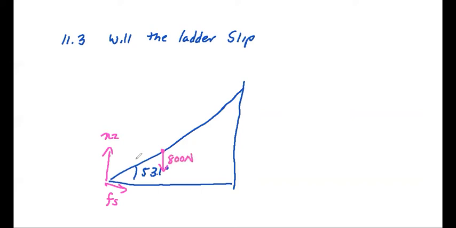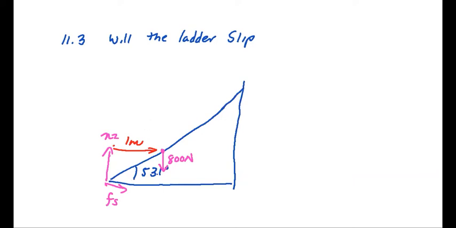And this is a 3, 4, 5 triangle. So if he's up 1/3, this is going to be the 3 side. This lever arm right here is going to be 1 meter, right? Because this is 1 meter.